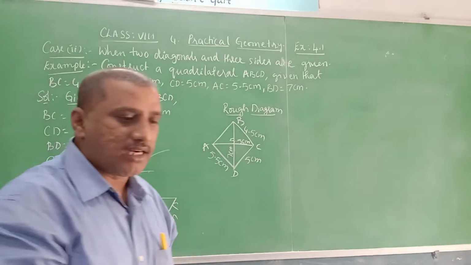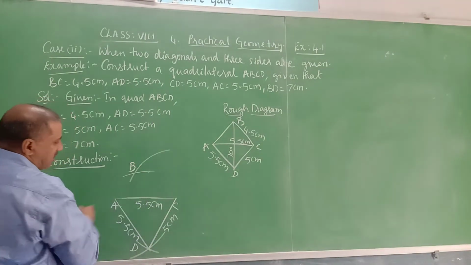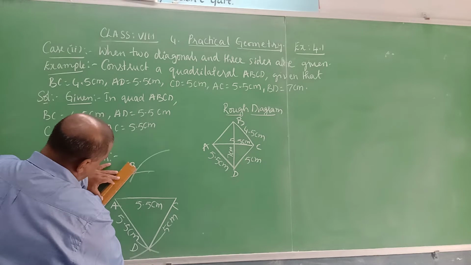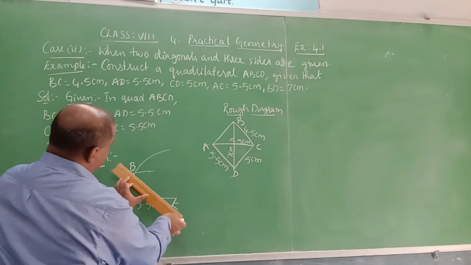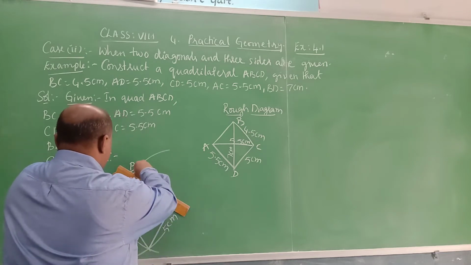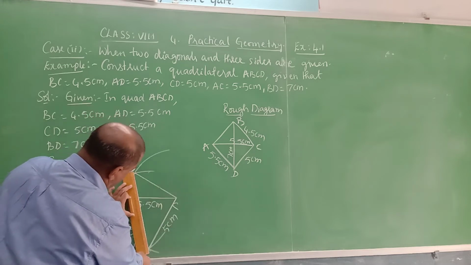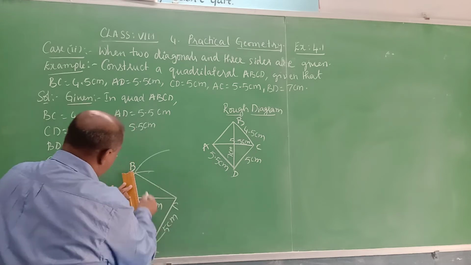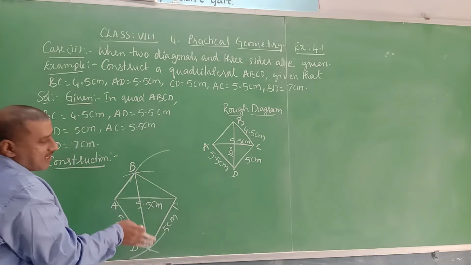What will we take that point as? B. Now join AB. We don't know how much it is. Join AB and join CD. And join BD also. Like this, we can do this construction.